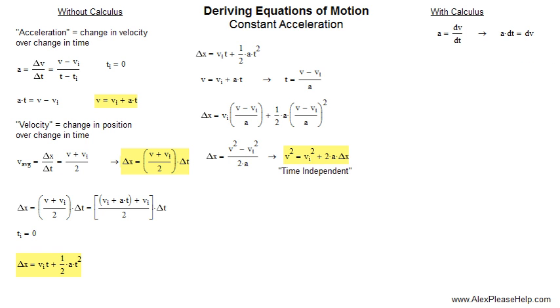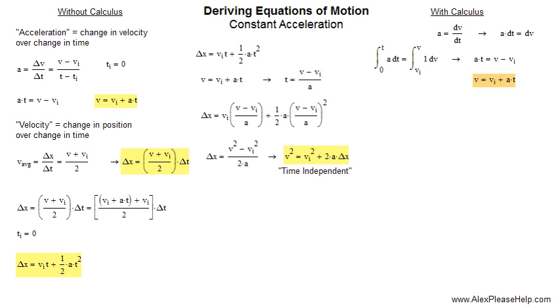Integrating both sides, you get the integral of a dt from 0 to t, dv from vi to v, equals at equals v minus v initial. Rewriting for v, you get the first major equation, v equals vi plus at. And it's the same as this one over here.